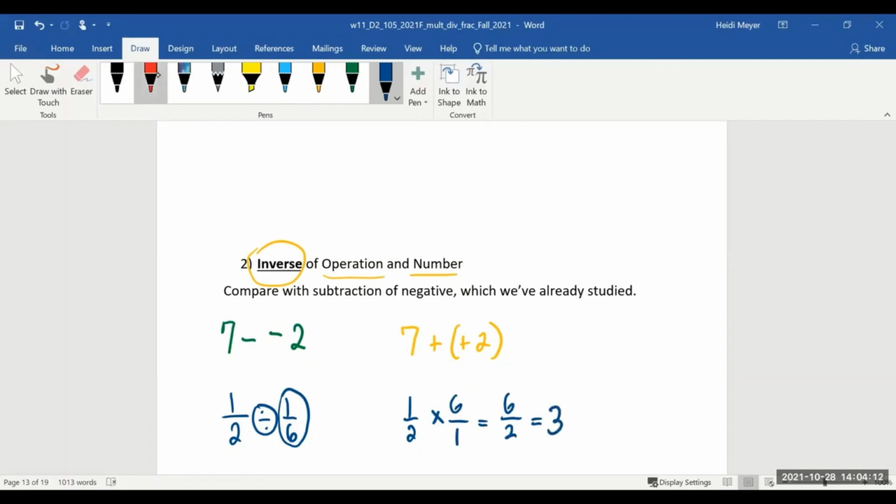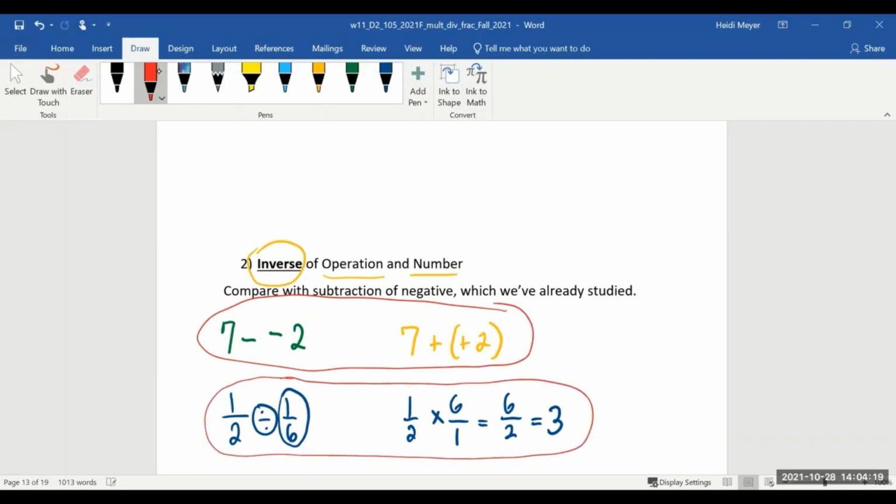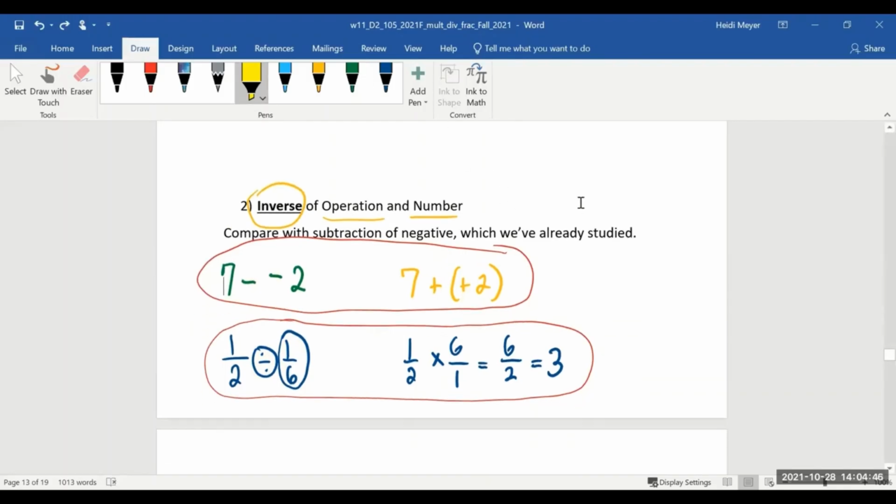The same reason why you can make this change up here is exactly the reason why you can make this change down here. And it may not feel like it, but what's changing is the inverse operation, I shouldn't say opposite, I should say inverse. But here too, we went for the inverse operation and the inverse number. Again, that's for older kids. That's kind of a support. Well, if we can do this with adding and subtracting, what about multiplying and dividing?